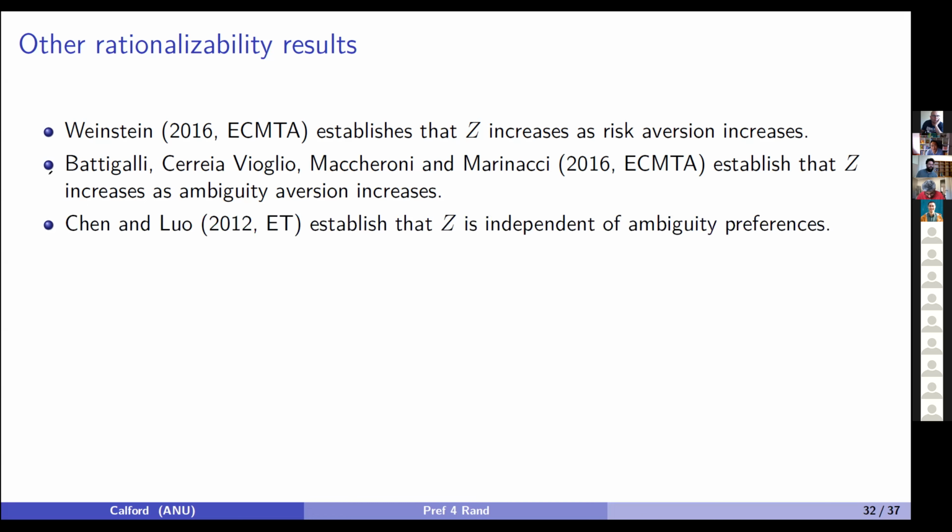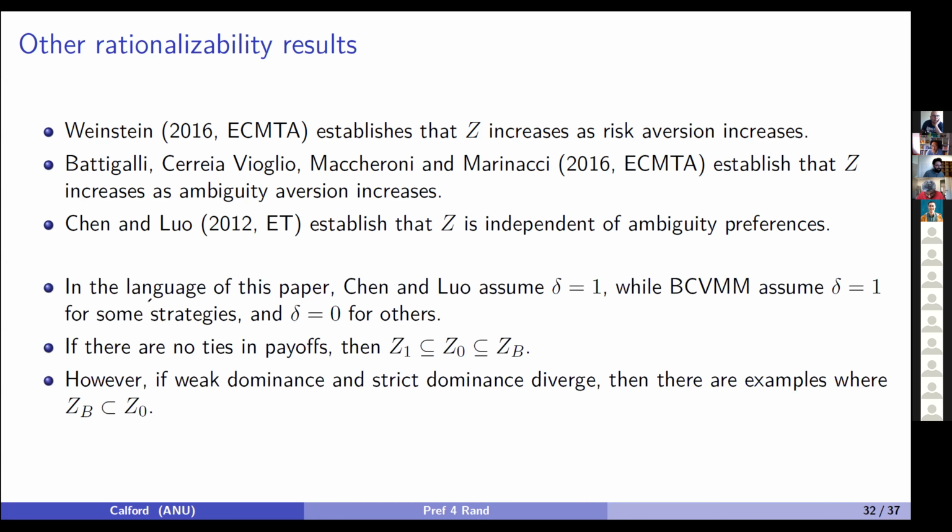Now, if you compare bullet points 2 and 3, they're contradictory. Chen and Liu established that rationalizability is independent of ambiguity preferences. So there must be some differences in their underlying assumptions. In the language of this paper, Chen and Liu assumed delta equals 1, while Badagali et al. essentially assumed delta equals 1 for some strategies, but delta equals 0 for others.